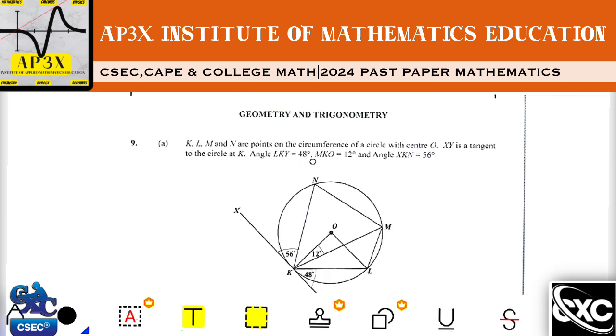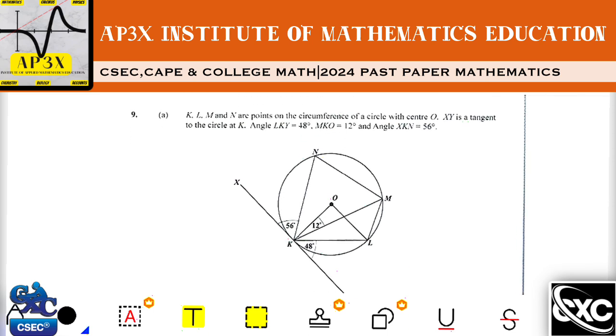Angle MKO is 12, we have that there. And angle XKN is 56 degrees. All right, so we have all of those measurements.